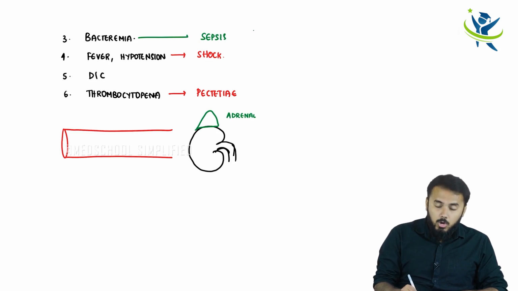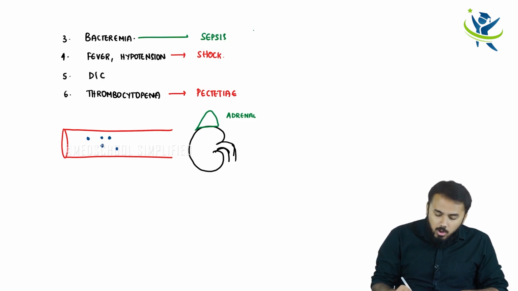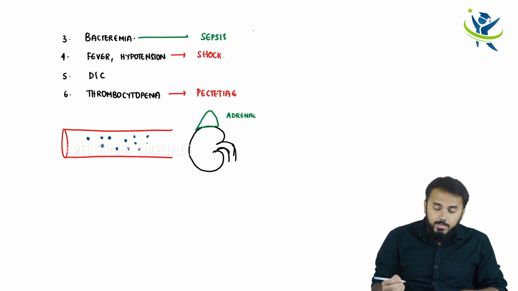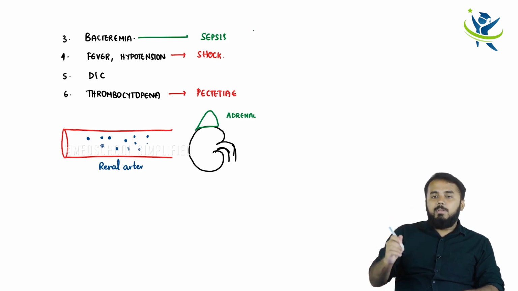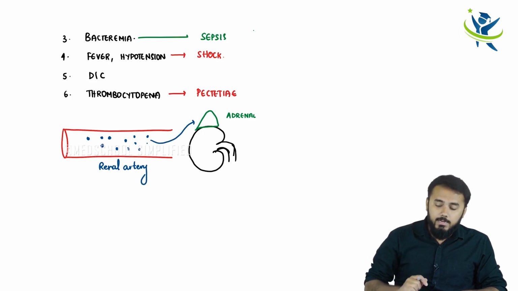Patient is having meningococcemia, right? Excess amount of bacteria, excess amount of endotoxins. So all of them, for example, this is a renal artery. If this is a renal artery that is supplying to your kidney, all these endotoxins, they will go and damage your adrenal gland. Okay, they will cause infarction of the adrenal gland.